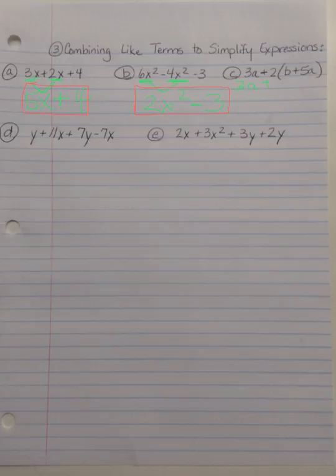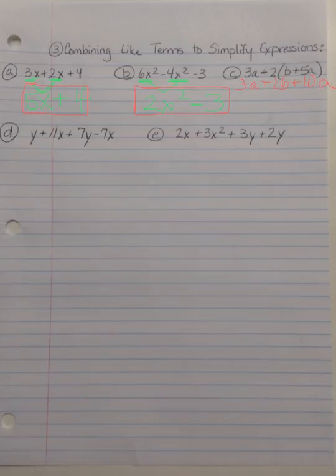Okay, 3a plus 2 times b, which is 2b, plus 2 times 5a, which gives me 10a. I know that might be a little confusing. And I don't like that in that color, so I'm going to erase it all and write it in a different color. I'll try writing this in red. So 3a plus 2b plus 10a.